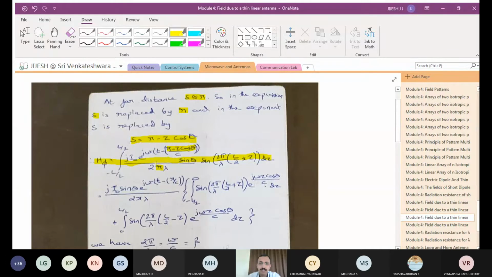Here S was there, so we have taken S approximately equal to R, so I have replaced S as R. Now onwards it is just the process of integration and substitution of the limits. Let us see how the integration can be done here and how the limits are substituted for the simplification.